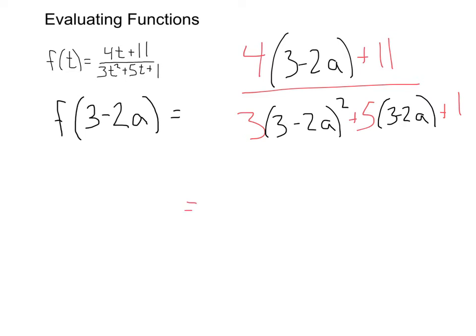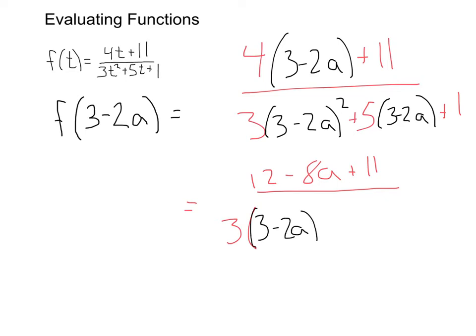We'll distribute the top. That'll give us 12 minus 8a plus 11 all over 3 times, now this 3 minus 2a squared, we're going to have to FOIL that out. That's going to be 3 minus 2a times 3 minus 2a, in which we're going to have to distribute all that, plus 5 times 3 minus 2a, plus 1.